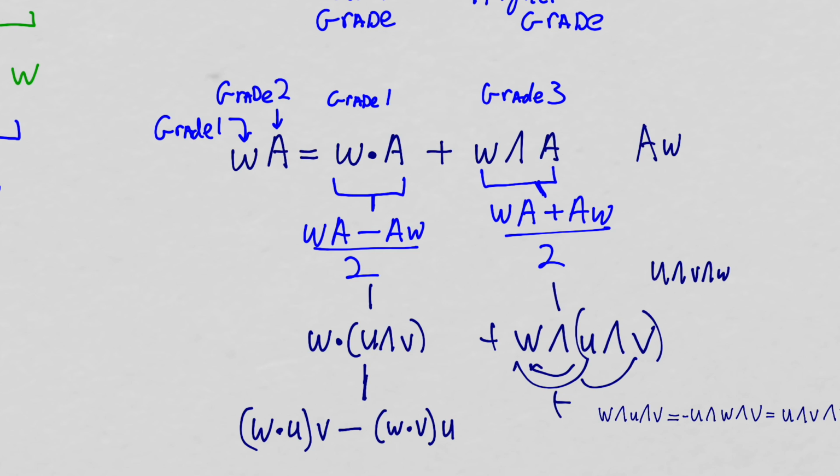So the symmetry of this deeply anti-symmetric object is exactly what you need to define this symmetric part of WA, because the two minus signs cancel when you make this movement.